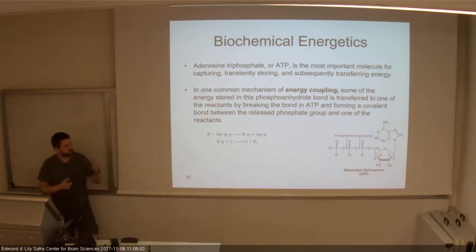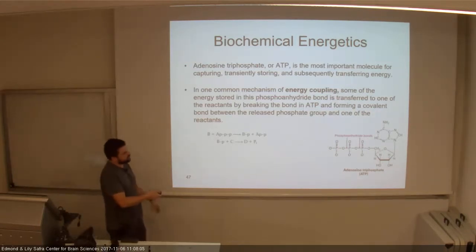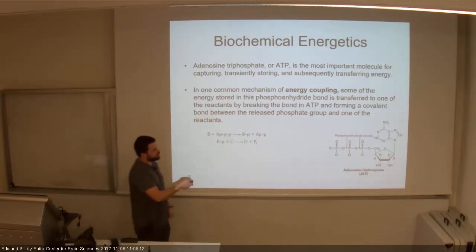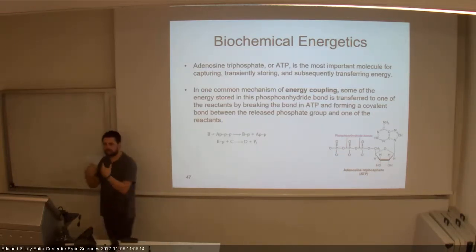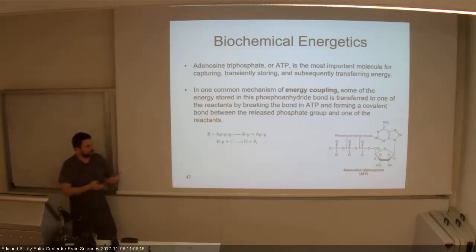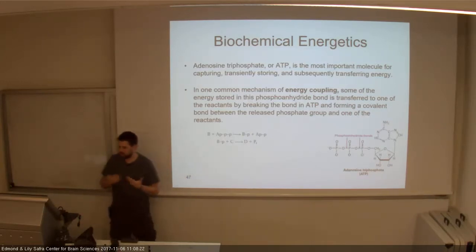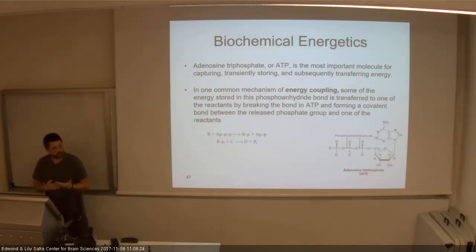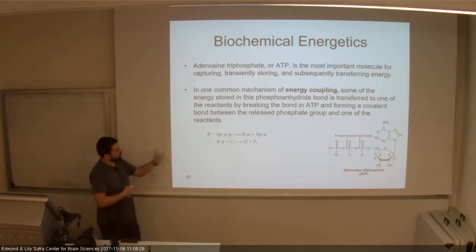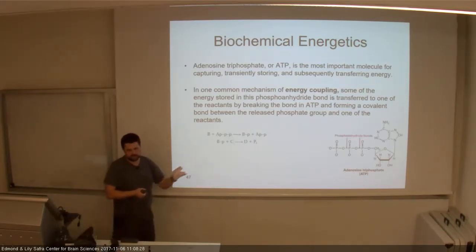It has 3 phosphate groups attached to one another, with oxygen surrounding them. And there's a lot of energy stored, a lot of potential energy, inside these bonds. So the cell uses this energy coin to supply the energy to a lot of the reactions that it needs to make.